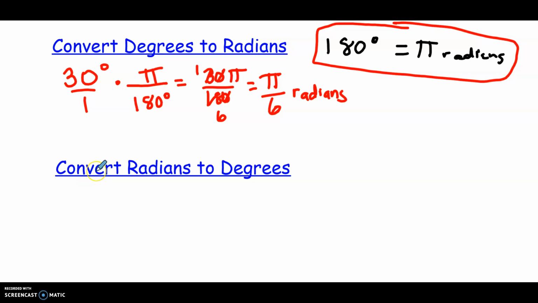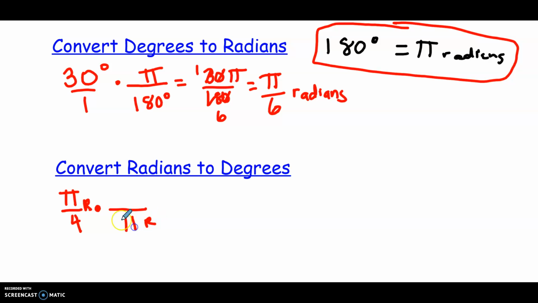Now, if I want to convert radians to degrees, you're just going to work backwards. So say I have pi over 4, and I ask, what is that in degrees? I want to multiply it by a conversion where the radians go away. This is pi over 4 radians, so I want radians on the bottom.